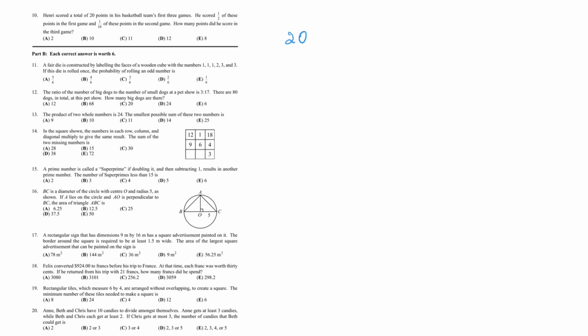In the first game, he scored 1/2 of the 20. In the second game, he got 1/10 of the total game points, that's 20.